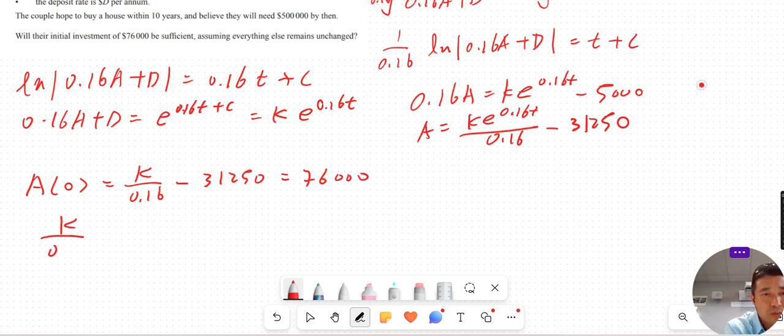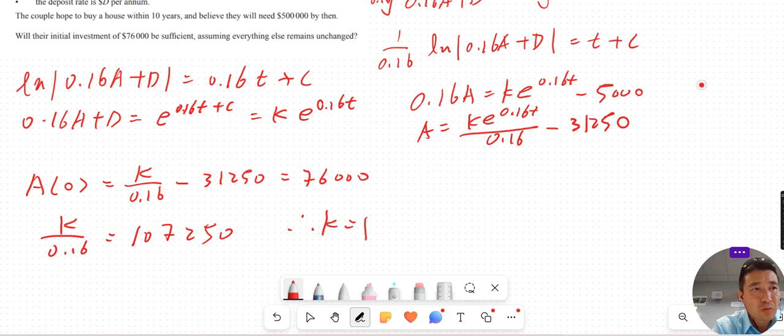So k over 0.16 must be 76,000 plus 31,250. So that is 107,250. Hence, k equals that one times 0.16, which is 17,160.